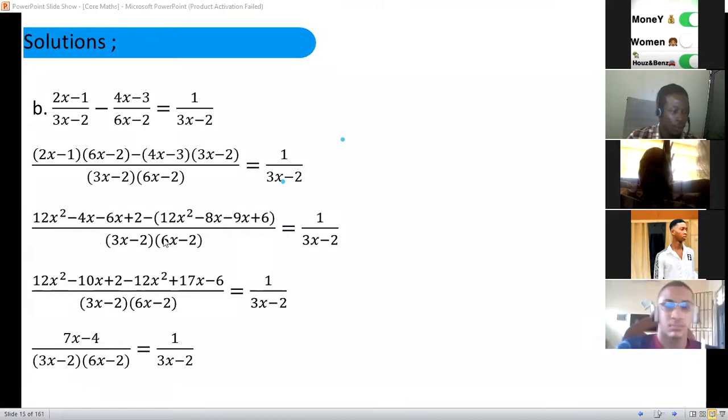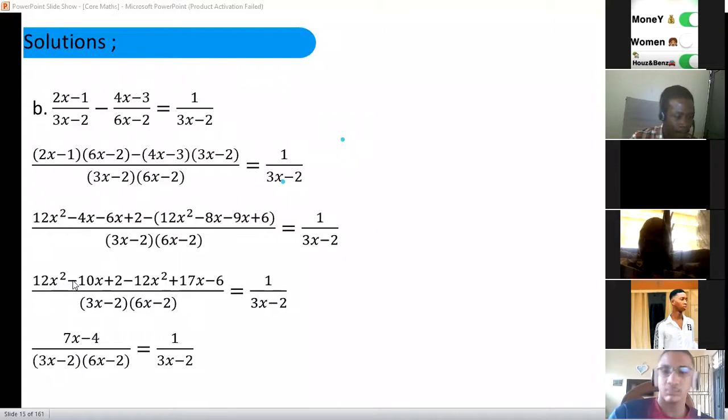So, when we simplify further, we get 12x squared minus 12x squared is 0. That is adding like terms and subtracting like terms. Minus 10x plus 17x will give us 7x. Then 2x minus 6, 2 minus 6 will give us minus 4.